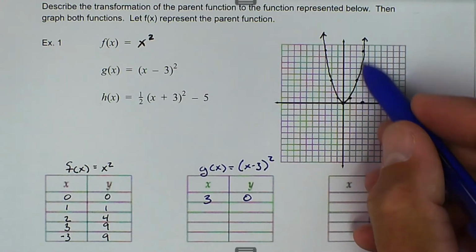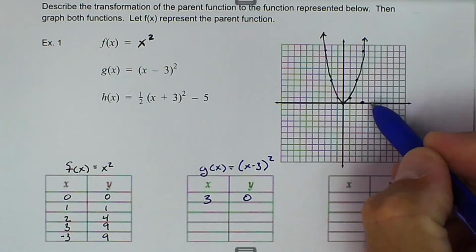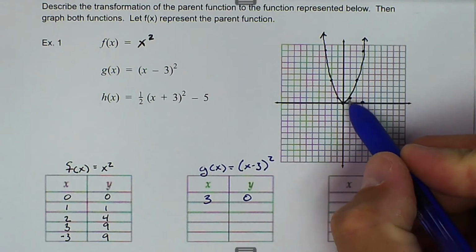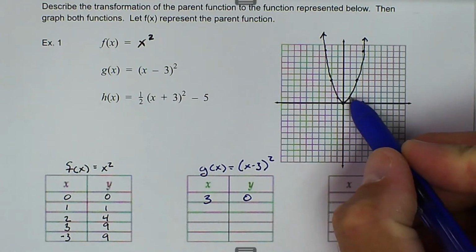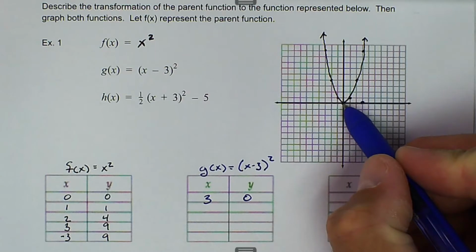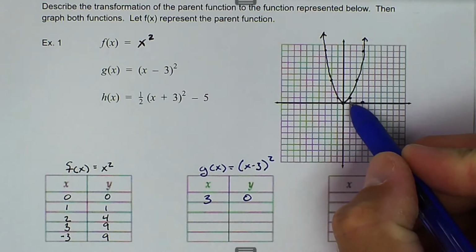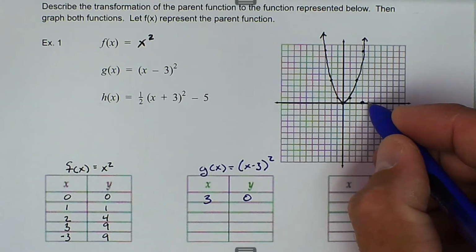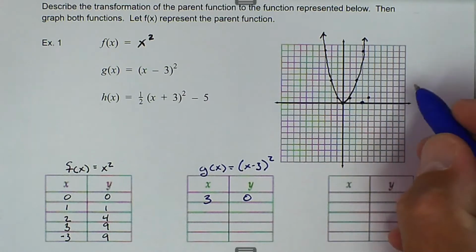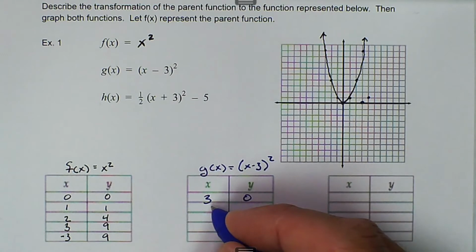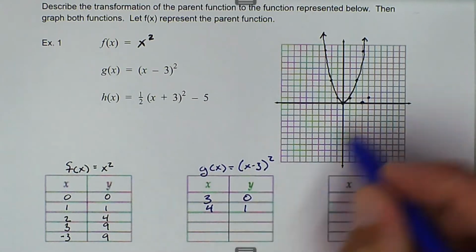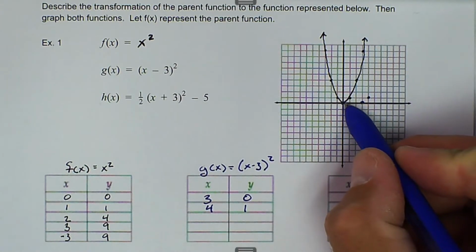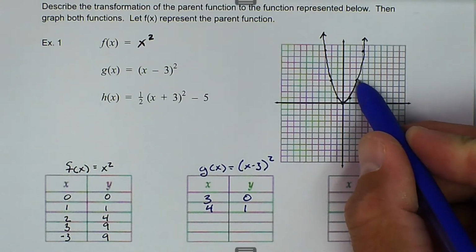Now all of these points will be the same as they relate to the vertex. So from this vertex, let's not think about coordinates, let's just think about how to get to this point. From the original vertex, I went over 1, up 1. I'm going to do the same thing from this vertex, over 1, up 1. So that new point is going to be 4, 1. From the original vertex in the parent function, if we go over 2, we go up 4.